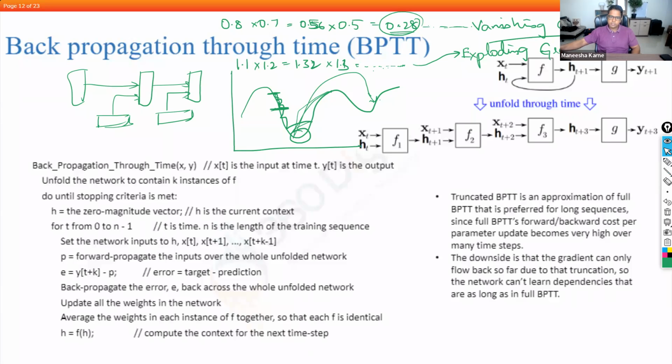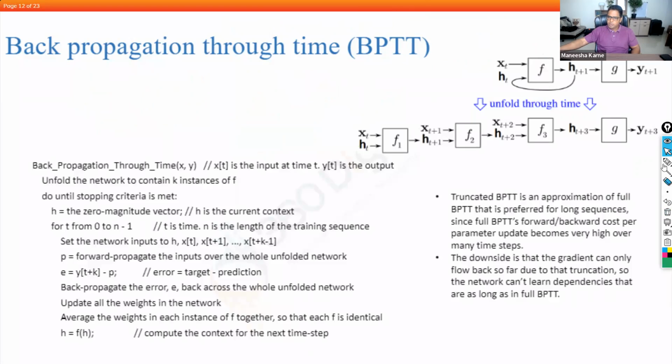When you have vanishing gradient or exploding gradient problem, then people use something called truncated BPTT, which is truncated back propagation through time. When you truncate, you say that do not unfold it for more than 10 times.